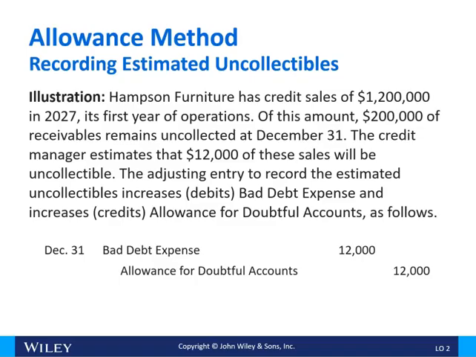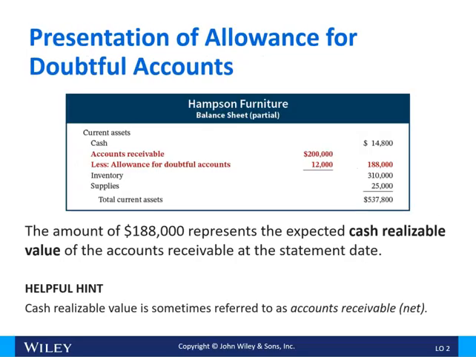Now we said this was the first year of operations, so we don't have to worry about whether there's any balance in the allowance for doubtful accounts. Whatever we calculated that first year is what we do the entry for. We'll see what happens in another example when we already have a balance in that account. We present it on the balance sheet as a reduction to accounts receivable.